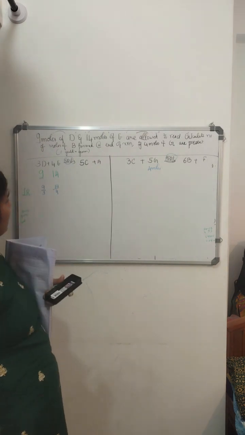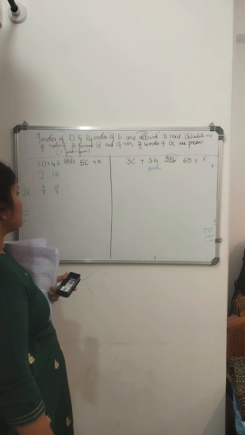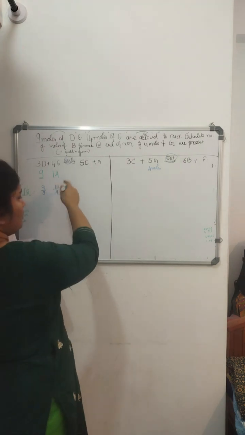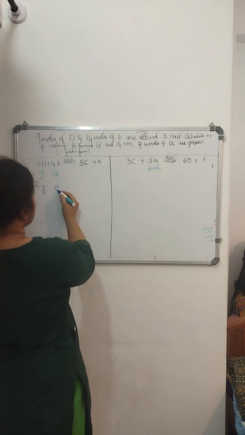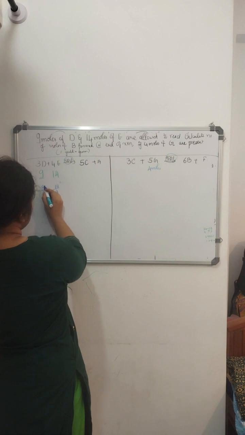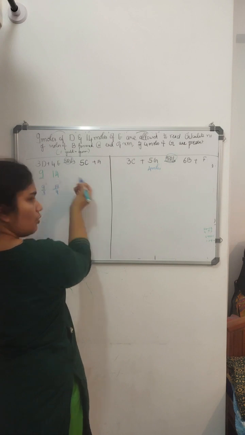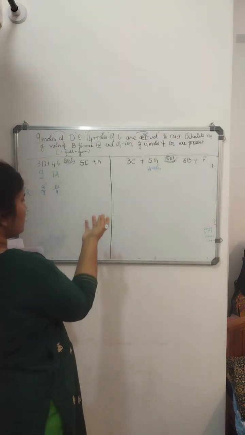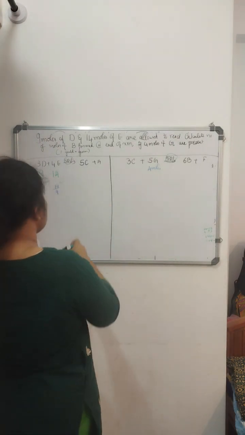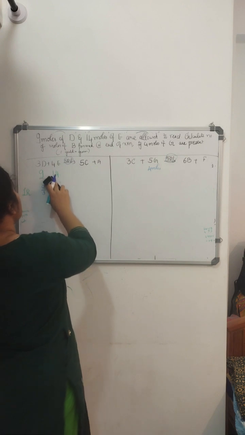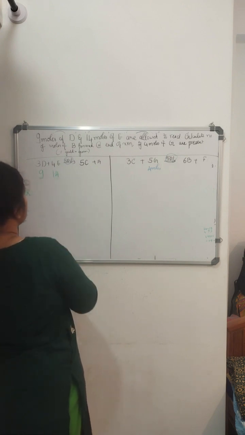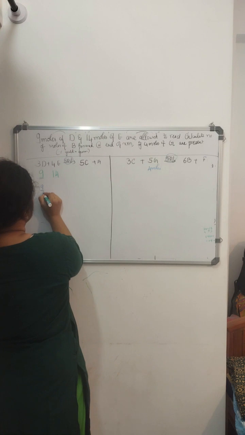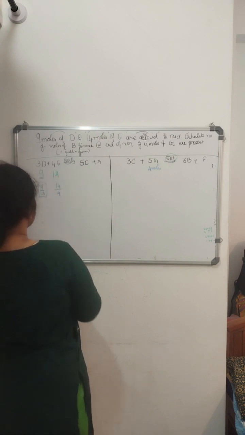Which is my LR here? 9 by 3 comes to 3, and 14 by 4 is 3.5. So definitely D is my LR.